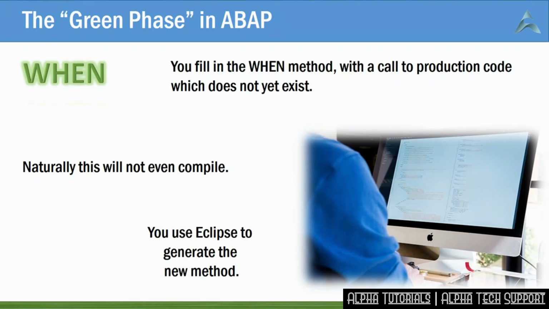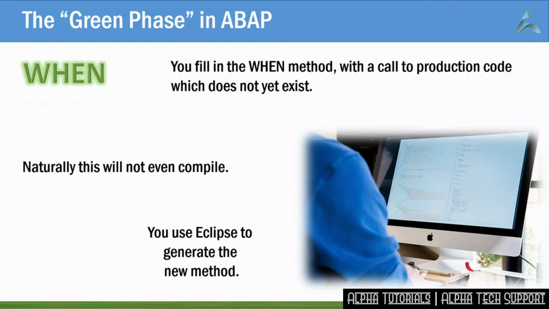Naturally, when you code this method, i.e. a call to the production code, you'll get a syntax error for the very obvious reason the production code method doesn't even exist as yet. Now this is good. According to the theory of test-driven development, a syntax error in a test class counts as a failing test and so needs to be corrected.